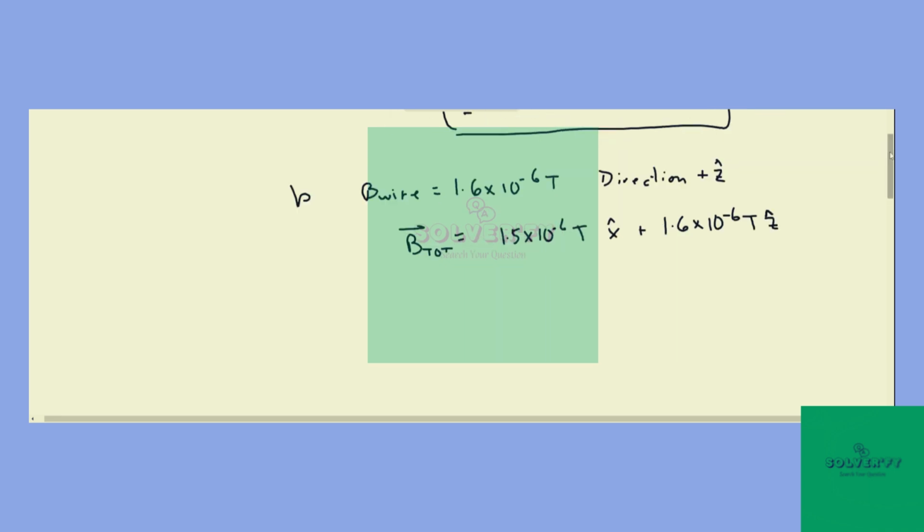Okay, and one more point. Point C is at a distance of 0.25 meters. So we'll want to recalculate the magnitude. And I see that the magnitude will be 4 times higher than it was with a meter separation.